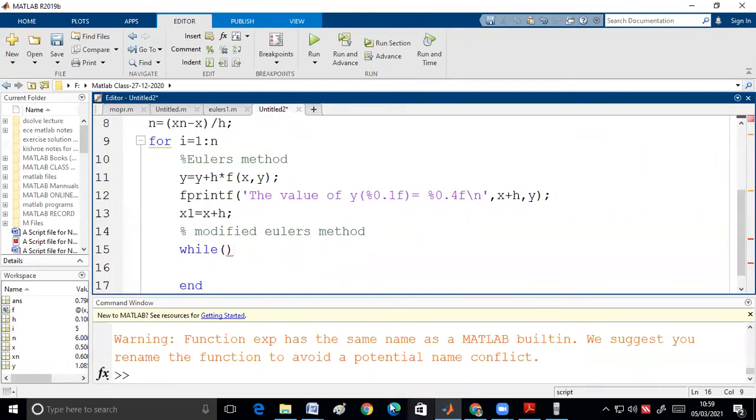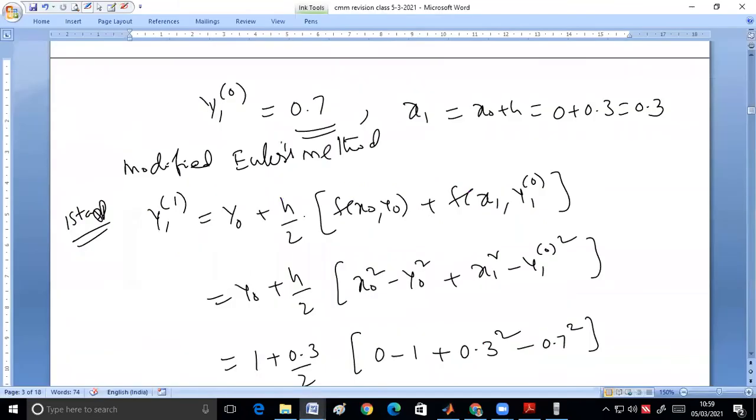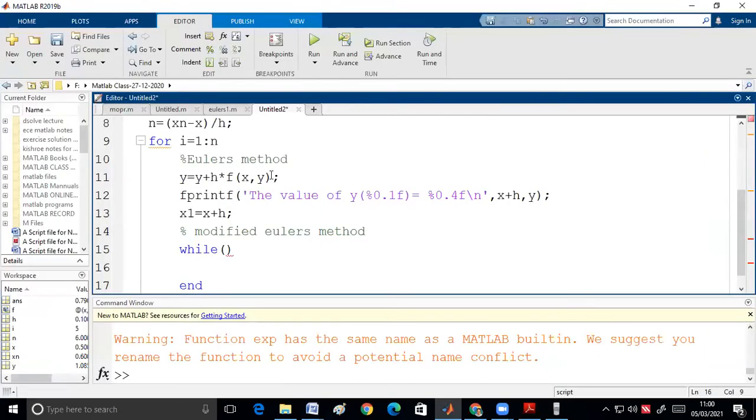Now, what is the inside mechanism? We will find the y1 value, y2 value, y3 value recursively. For this purpose, just we will write this. This value is divided by 2, find h by 2. Just for understanding, directly write in the same place. Now bracket plus f of.